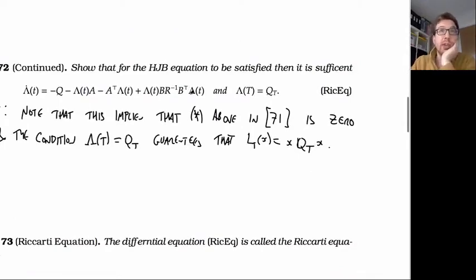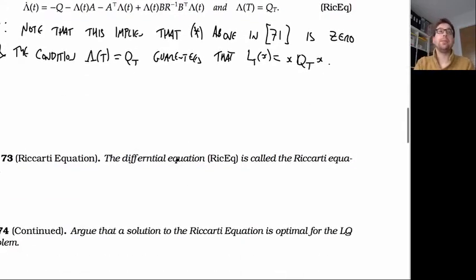It's called the Riccati equation. Okay. Notice this is a differential equation that you have a termination condition with, and then you can solve that differential equation backwards, numerically or otherwise, in order to give you the optimal value function, okay?